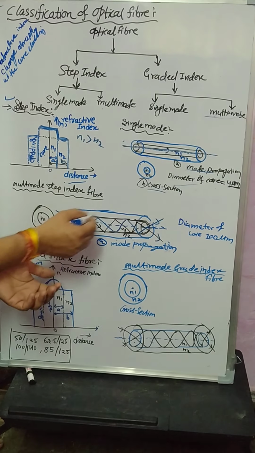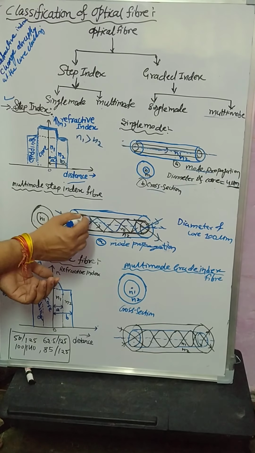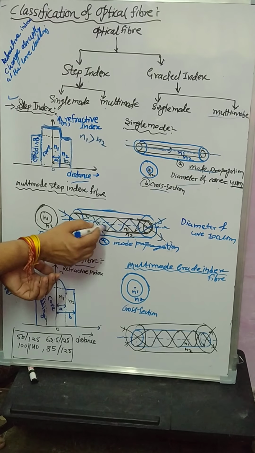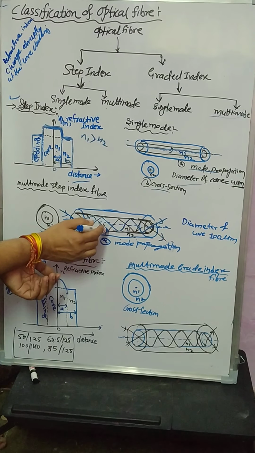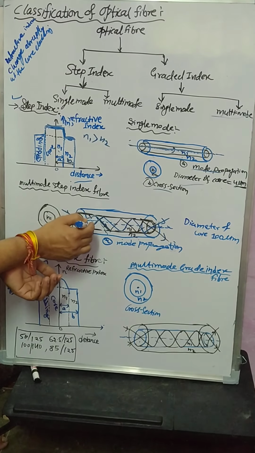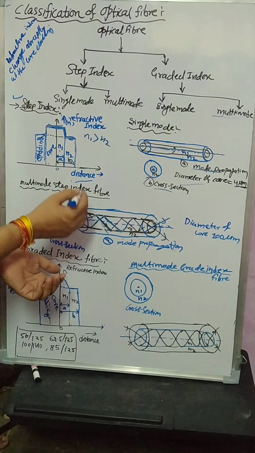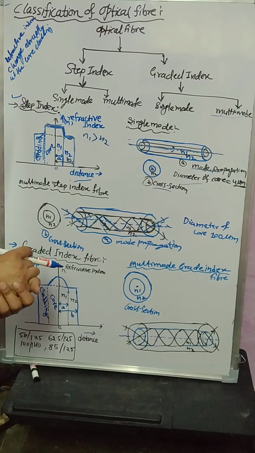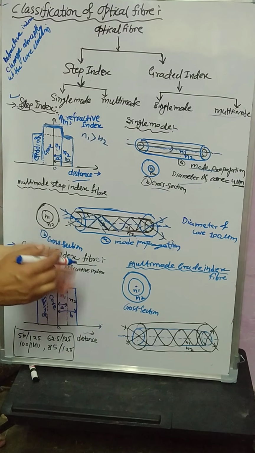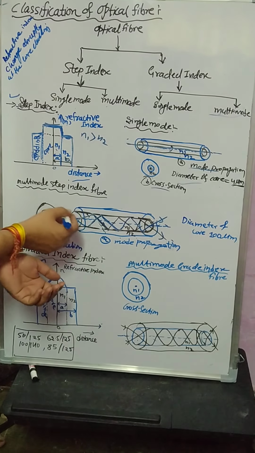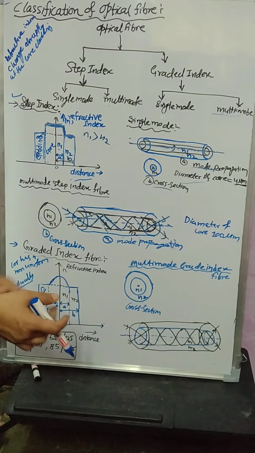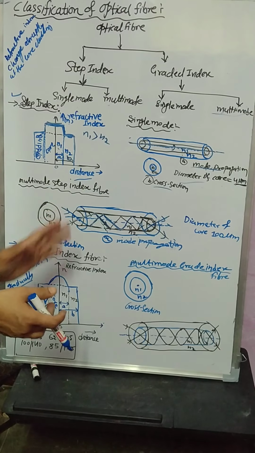And the light propagates in the form of steps, because of the step change. Then a number of modes propagate in this fiber. Here are two waves, but the number of waves inside the fiber is many. It is called the multi-mode step index fiber.